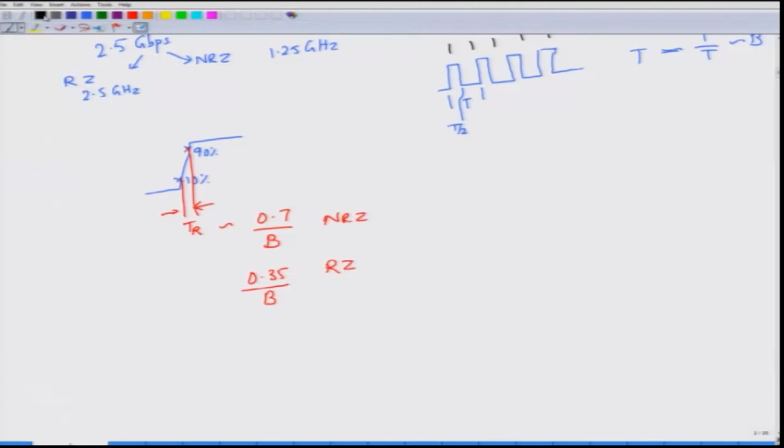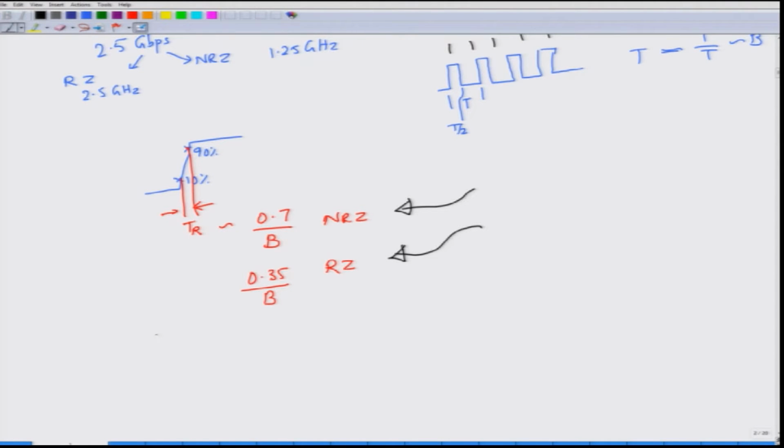So, there are a lot of factors involved in whether you transmit NRZ or RZ, but here we are interested in the rise time requirements. My overall system rise time must be less than 0.7 by B for NRZ, and less than 0.35 by B for RZ. So, let us see how we can look at this.